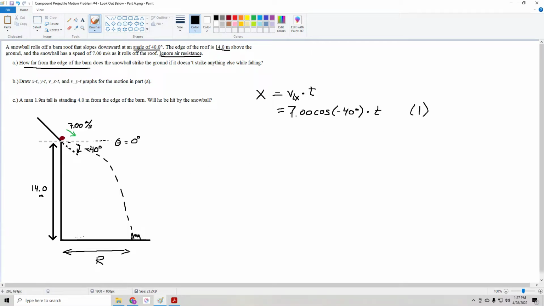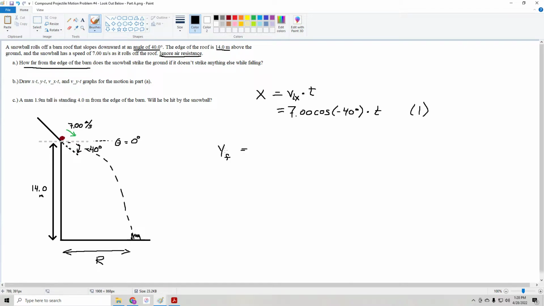Since we were operating in the horizontal direction, what I would recommend next is try to find an equation that works in the vertical that we could use to solve for a time. And the one that we're going to apply in this circumstance is this one.